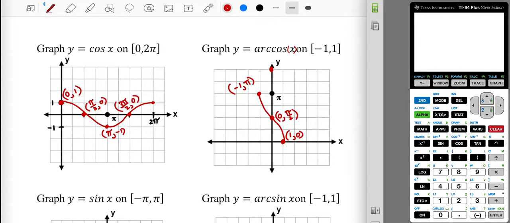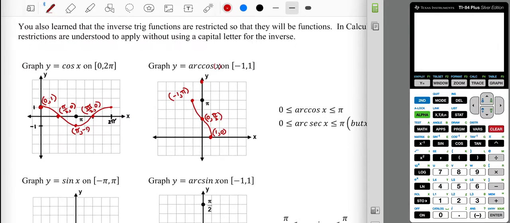All right, and we want it to be a function. So we'd have to stop there, and we could not go any further than the 1, 0 in the downward direction.